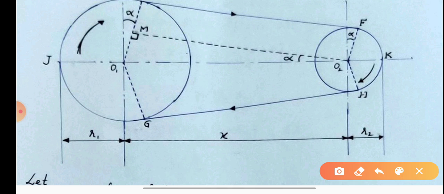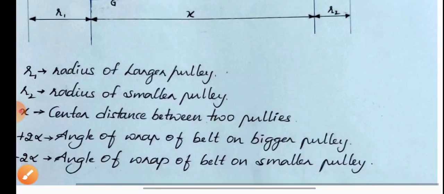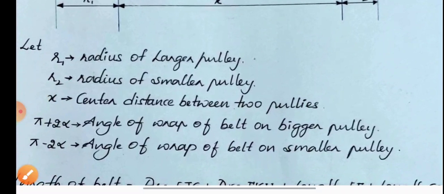You can see in the diagram, this X is nothing but the center distance between the two pulleys.